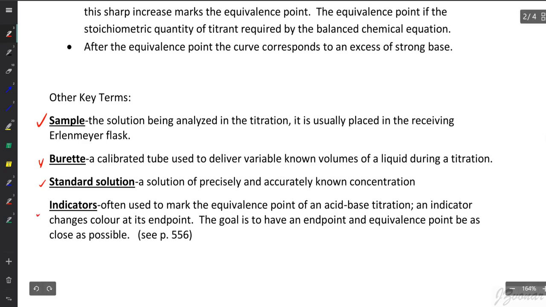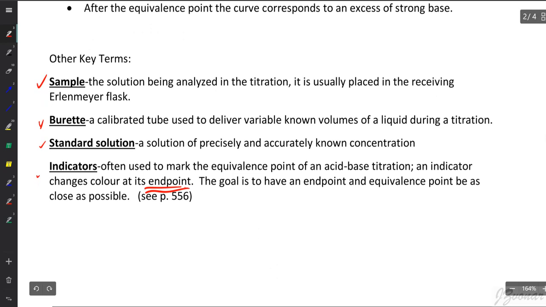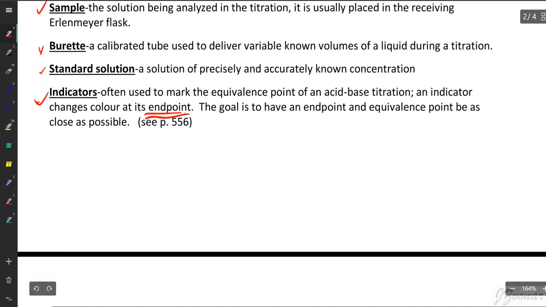And indicators help us to determine the equivalence point; it marks the endpoint. Ideally we do wish to have an indicator that has an endpoint very close to the equivalence point, and that'll help us determine the concentration.